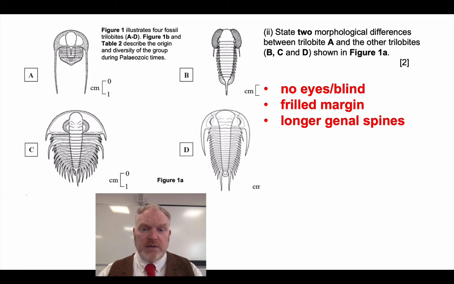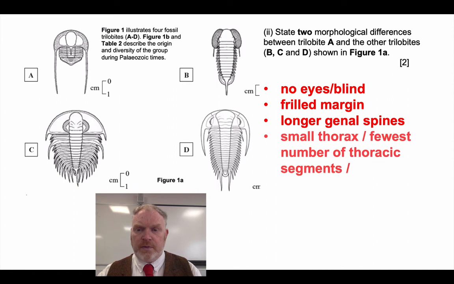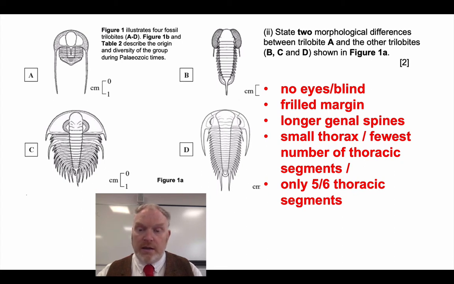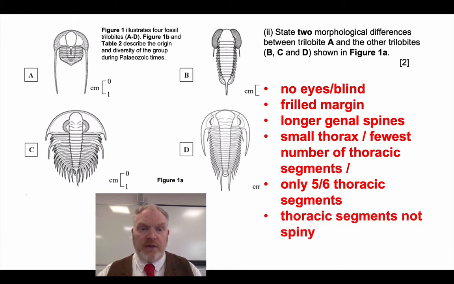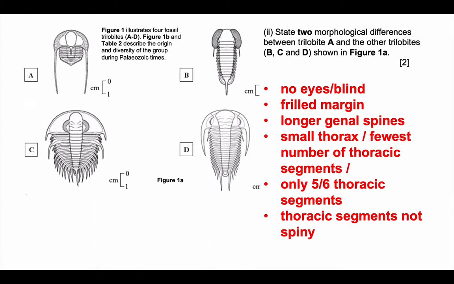The genal spines: all of them have these spines coming back off the cephalon, A's, though, are significantly longer than its body, unlike the rest of them. A has a small number of thoracic segments. You could actually count them. B, C, and D all have more. They're clearly more flexible. Okay, I'll put some numbers on it. Numbers are always a useful thing, and will always get you credit. The fact that there's spines on the thoracic segments of each of the others, there aren't on A. So there's lots of things to actually go at there.